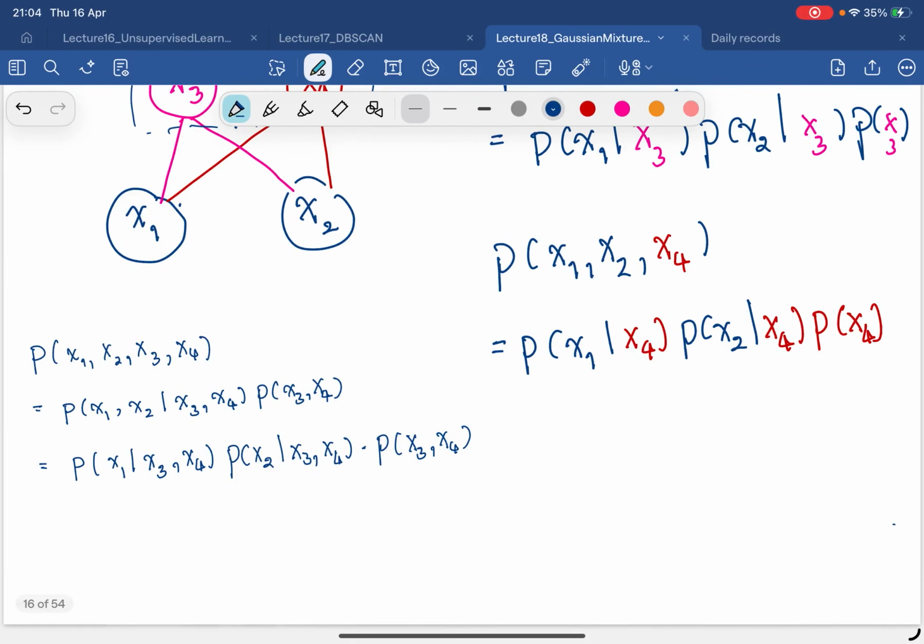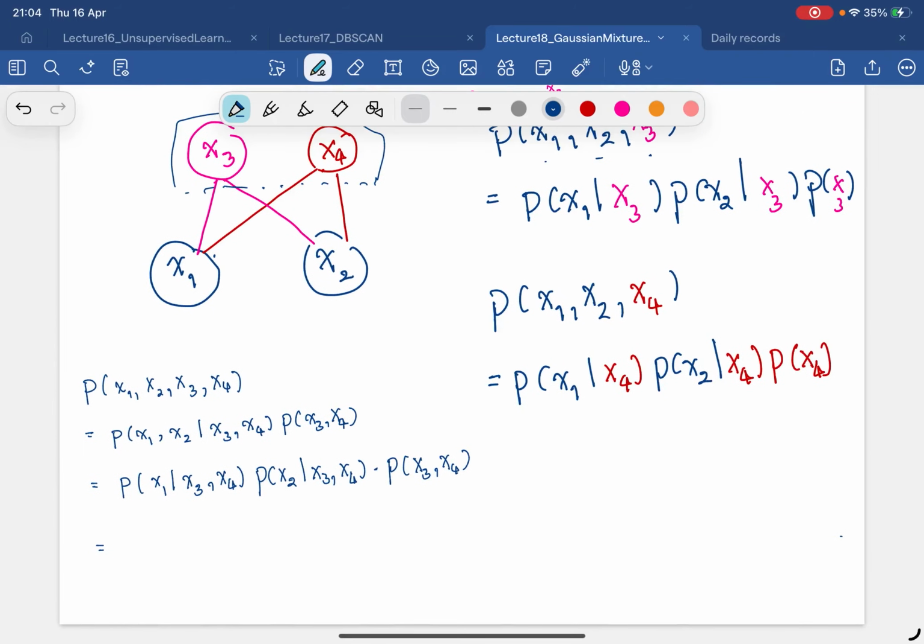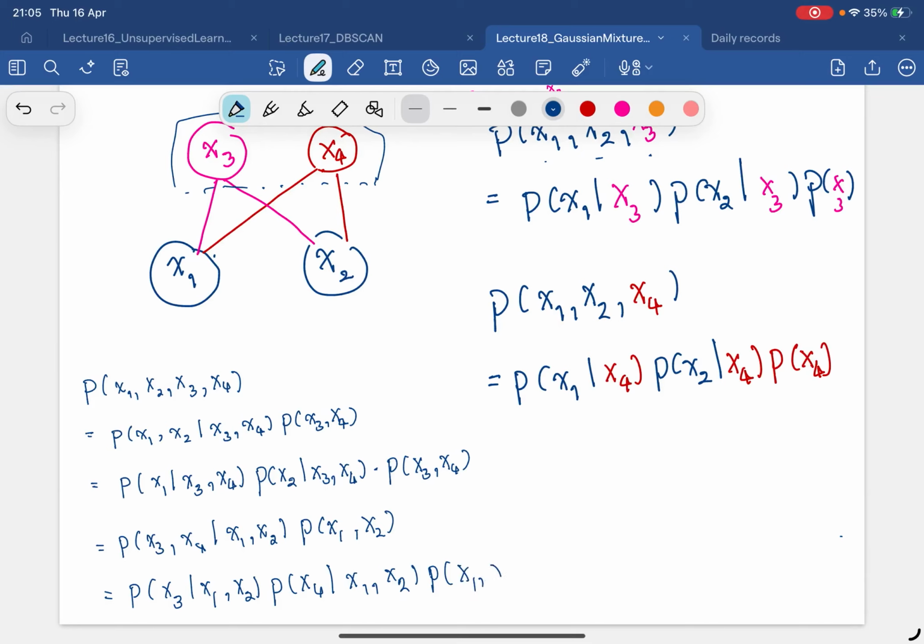And yes, we can write a reciprocal relationship between them, which is also prob of x3, x4 given x1, x2, prob of x1, x2, equal to prob of x3 given x1, x2, x4 given x1, x2, prob of x1, x2.